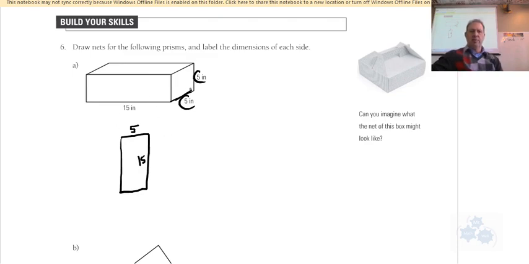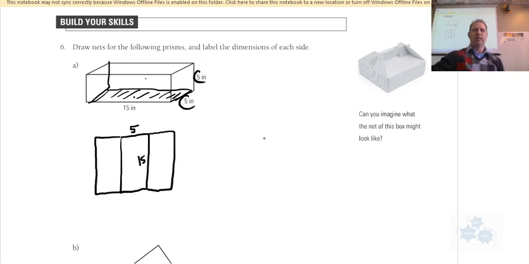There's going to be 2 rectangular sides that are the exact same, aren't there? So I'm going to draw those 2 sides as best I can to be the exact same. So that's this front side and then the back side there.